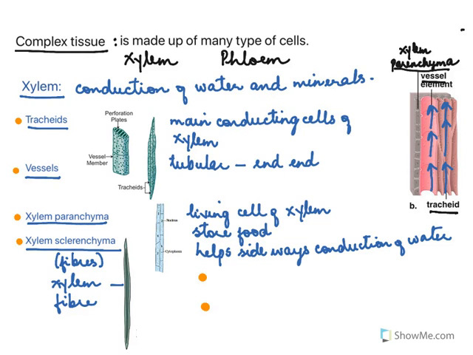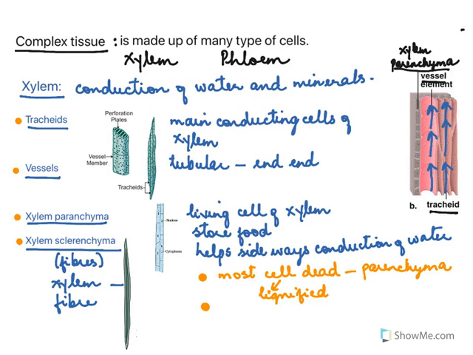The two points we need to remember. In the xylem, most of the cells are dead, except the xylem parenchyma. Xylem parenchyma is the only cell of the xylem that is living. The cells of the xylem are lignified. They are filled with lignin, and hence they are dead.